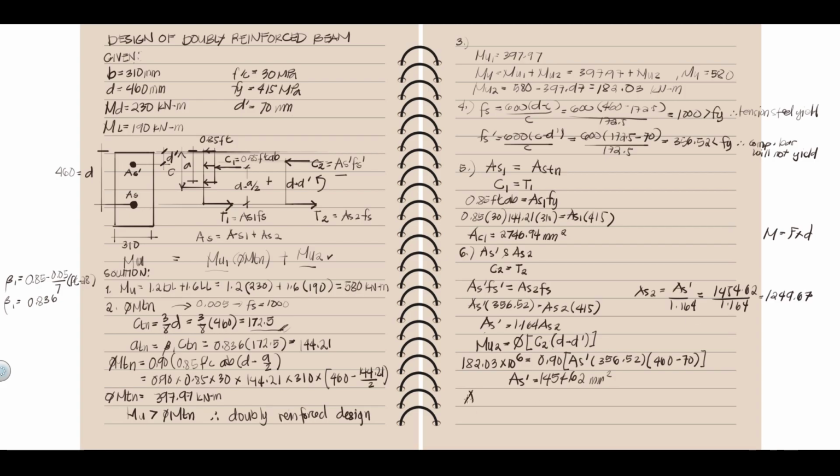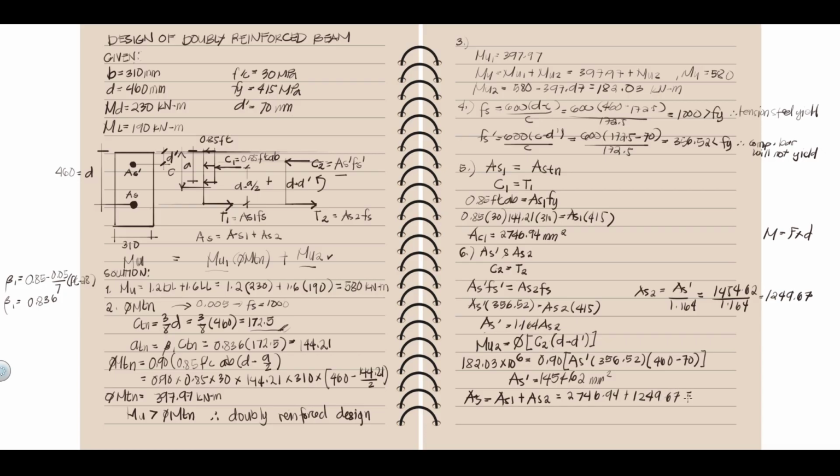So our AS here is the total tension steel bar, AS1 plus AS2. Okay? So that is 2746.94 plus 1249.67.